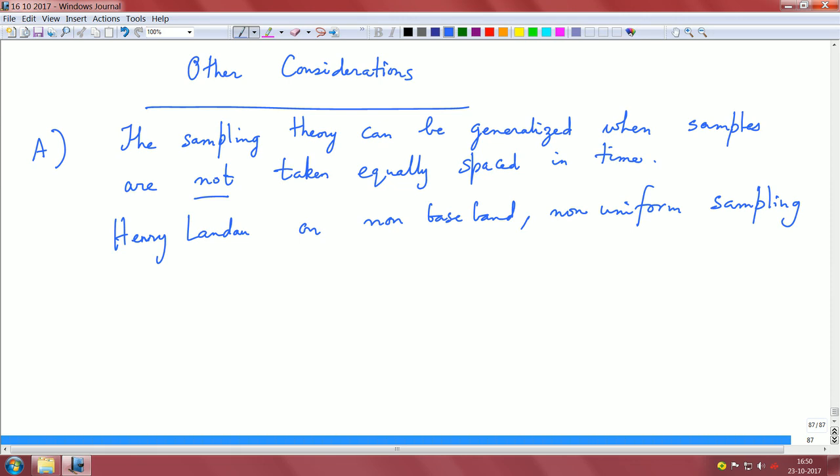So, you can generalize the sampling theorem assuming uniform sampling to a more general form with non-uniform sampling or irregularly spaced samples.